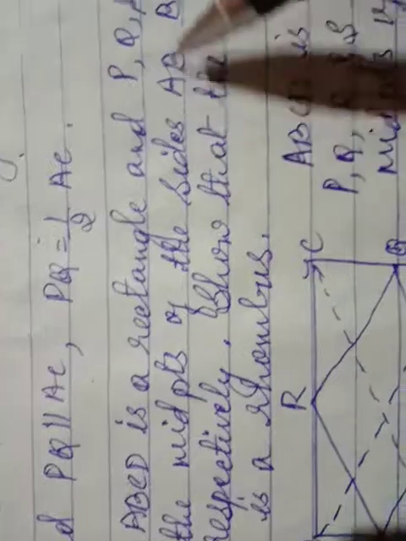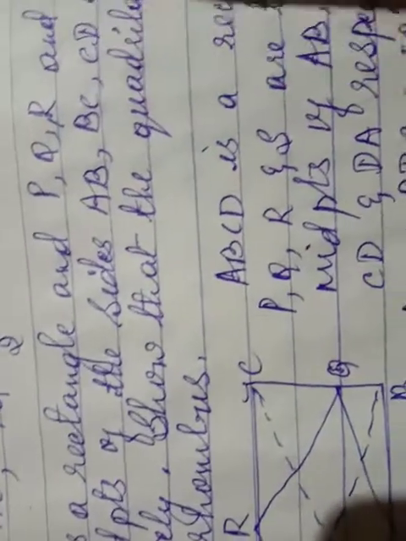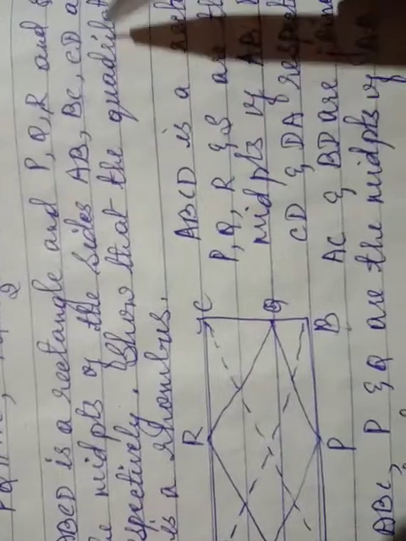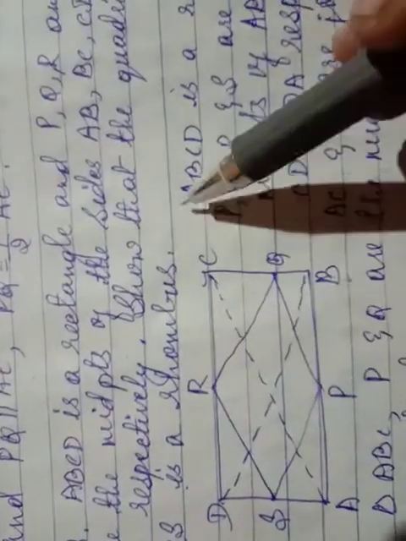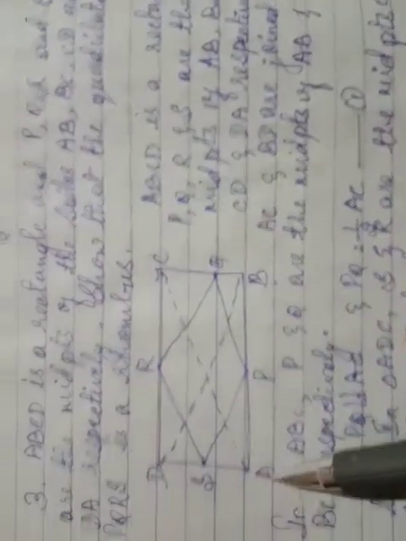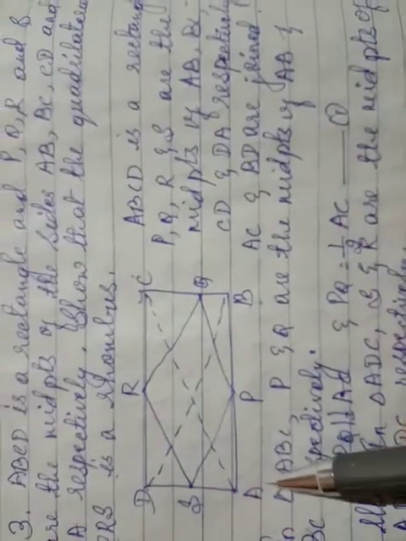Okay children, so then third one is ABCD is a rectangle and P, Q, R and S are the midpoints of sides AB, BC, CD and DA respectively. Show that the quadrilateral PQRS is a rhombus. Okay, you can see here ABCD is a rectangle.